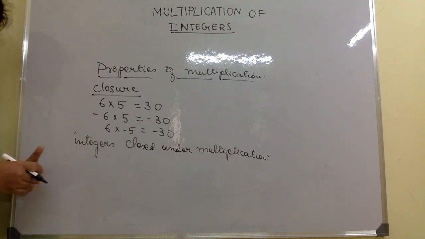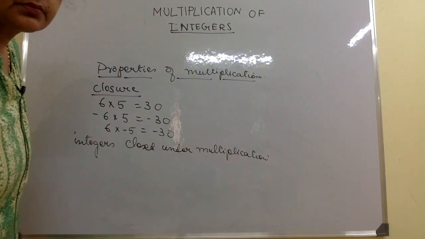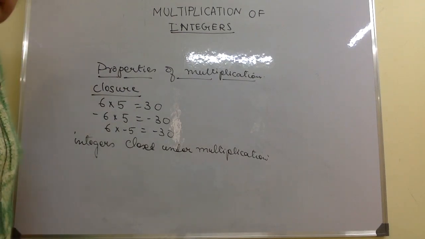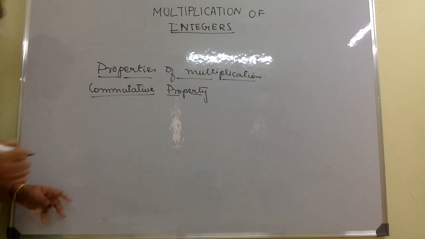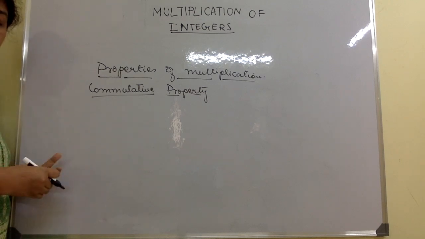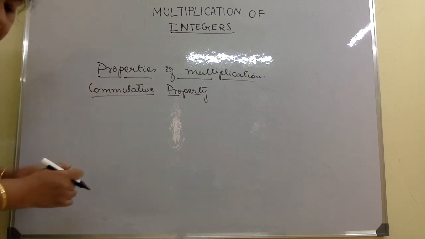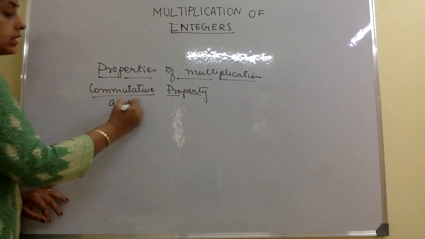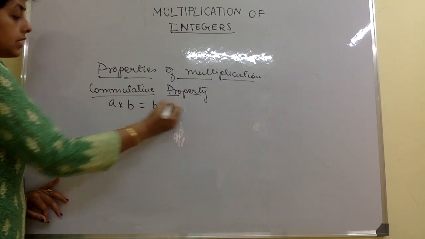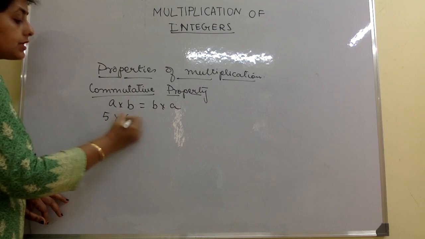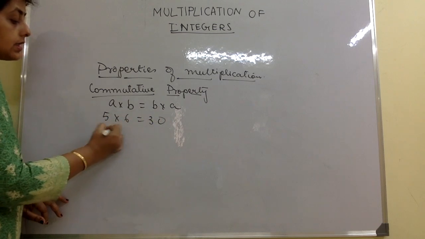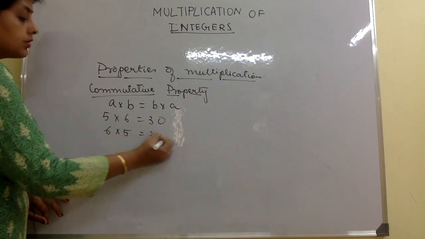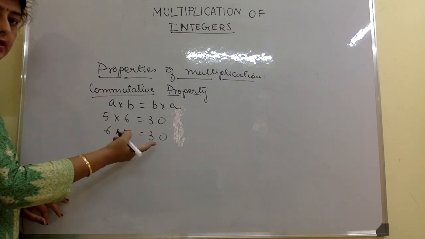Now let's come to the next property, which is the commutative property of multiplication. See, A into B has to be equal to B into A. If I take an example, 5 into 6 is a 30, 6 into 5 is also a 30. So you change the order, even then it's the same.